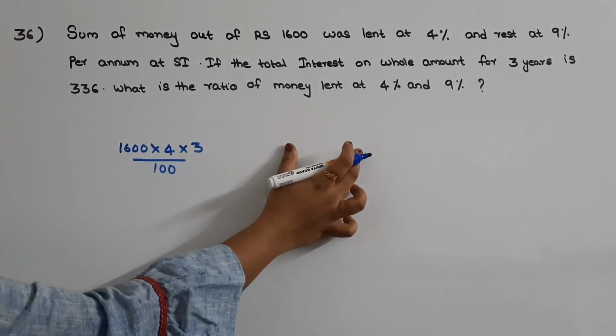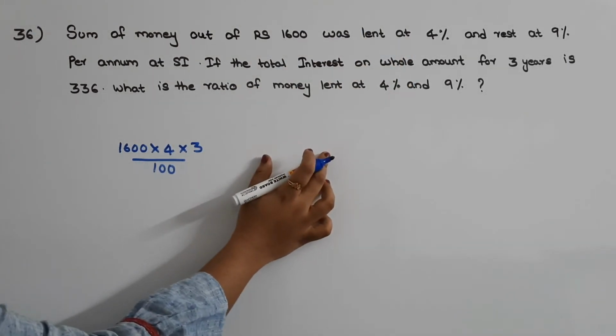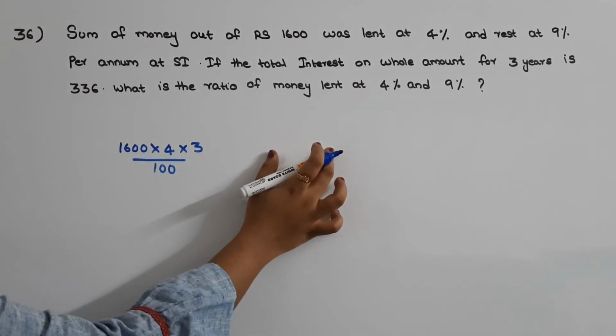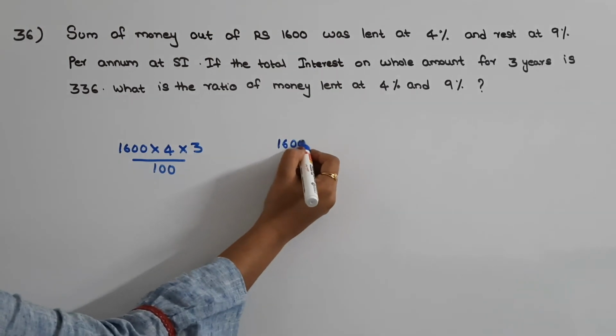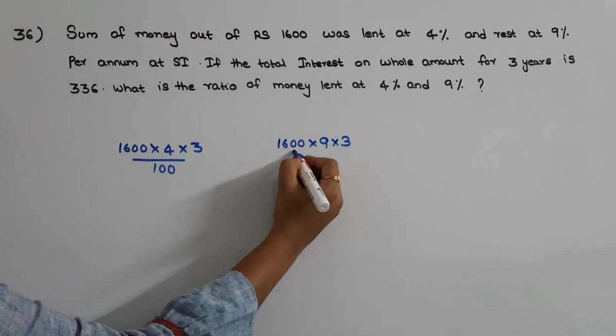Here you write the interest for 9%. Interest for 9% will be principal into R into T by 100. Here also the principal you need to consider it as the total principal, that is 1600 into rate is 9 into time period is 3 by 100.